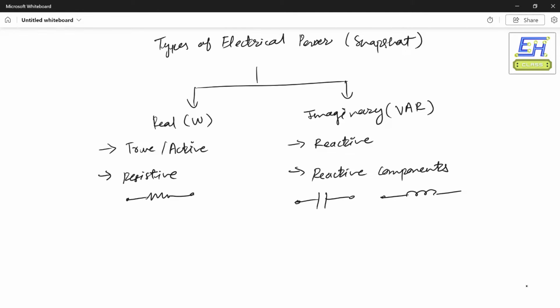We have these two reactive components. And then when you combine them together, you get the complex power and apparent power.